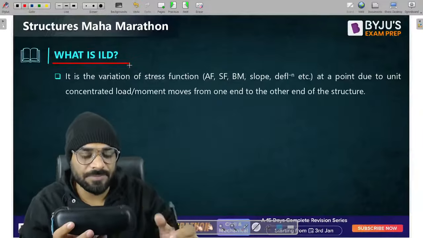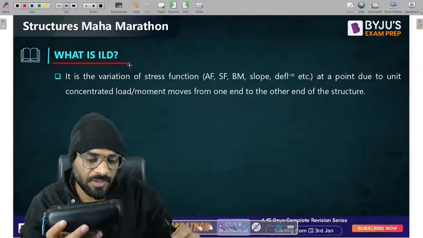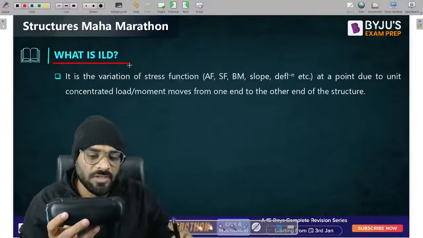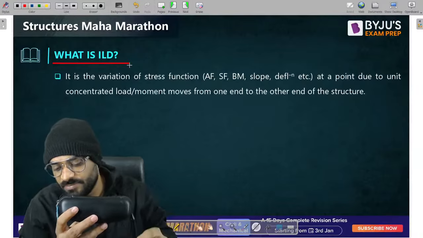Let's take one example. Let us suppose I want to draw the ILD for vertical reaction VA, which is this one. Right now the load is at this location. Then what is the value of VA? Tell me, guys.